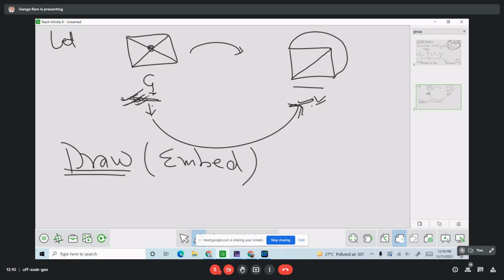So drawing any graph into another form is called embedding. Clear? We can draw a graph into another form, but the condition is without crossing the edge.